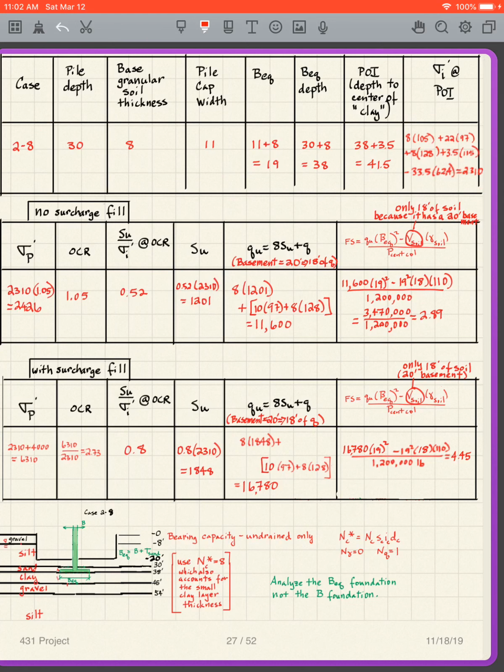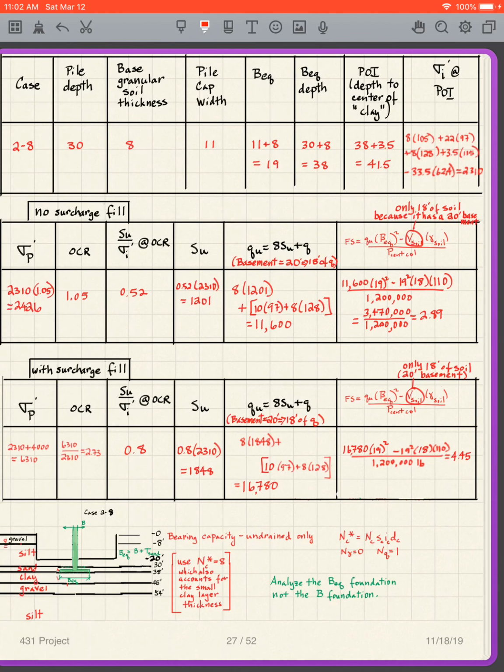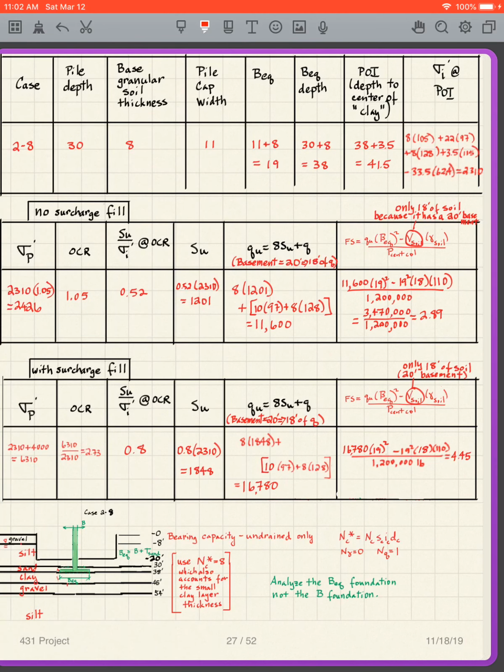Now, what changes here? This is all the same, so I'm not going to explain that. And the 8SU is still the same. But when we get here, now what do we have for our Q? We're going to make a little bit of a conservative assumption. We're going to say this is basically just nothing here.